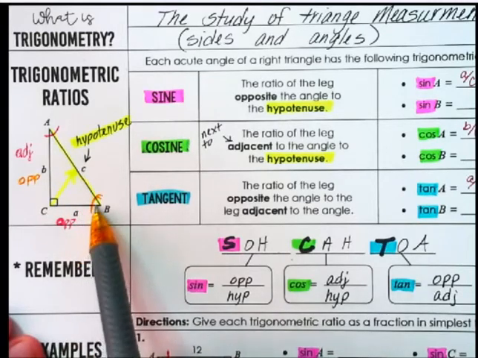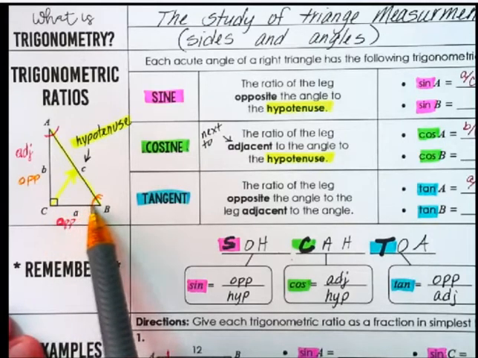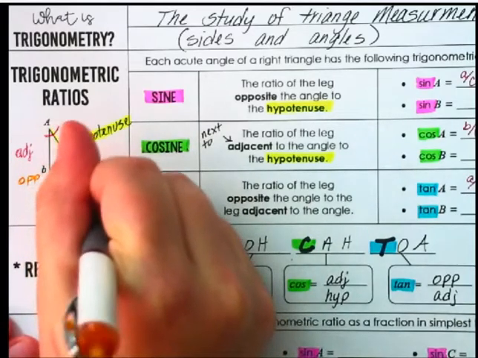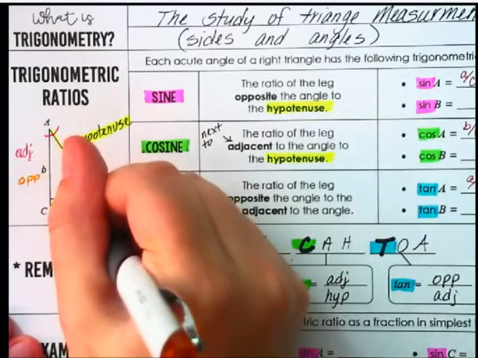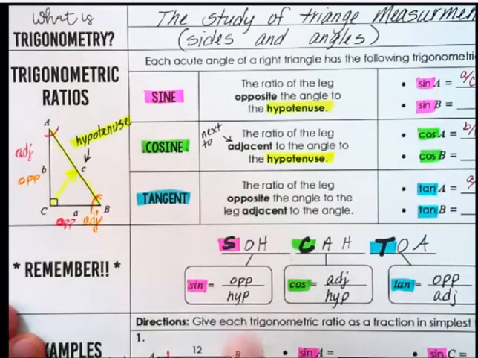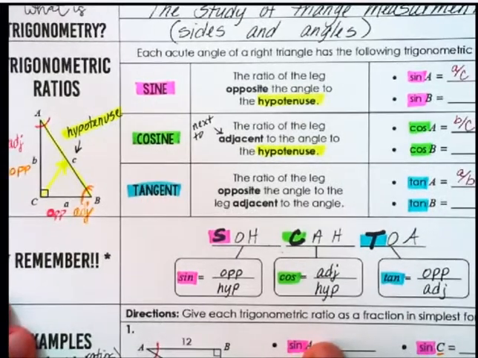This is the side that's not the hypotenuse, the leg touching angle B, so this is adjacent to B. There's a reason that I used colors: orange goes with orange, red goes with red.